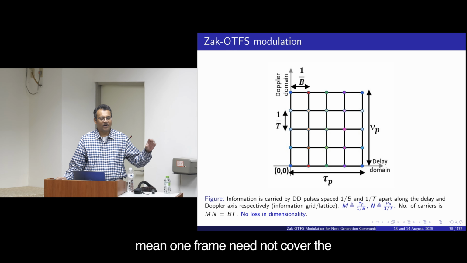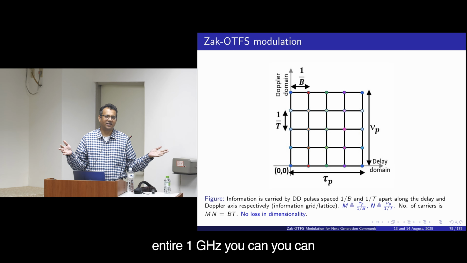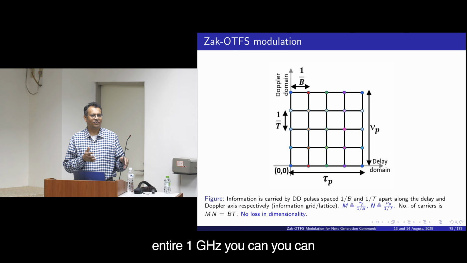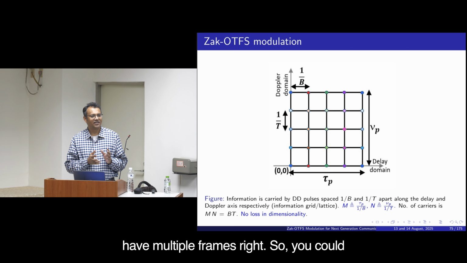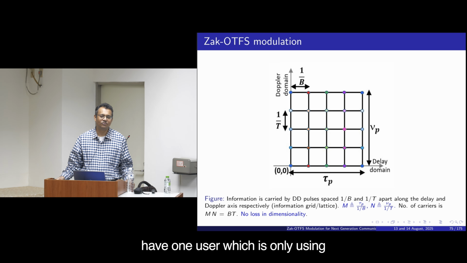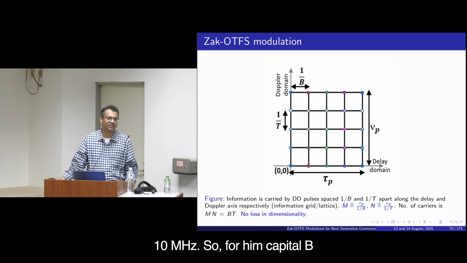Yeah, see, one frame need not cover the entire 1 gigahertz. You can have multiple frames, right? So you could have one user who is only using 10 megahertz.